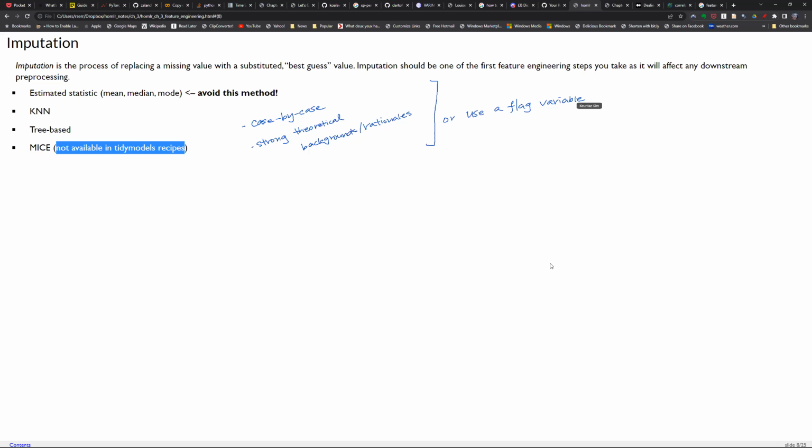So you can create a flag, and that flag variable can give you some information about your outcome or a combination of predictors. And there, you're not really using deletion or imputation. So that is another alternative you could use to get information from the missingness of the data.